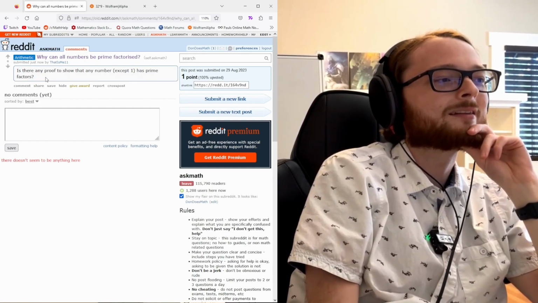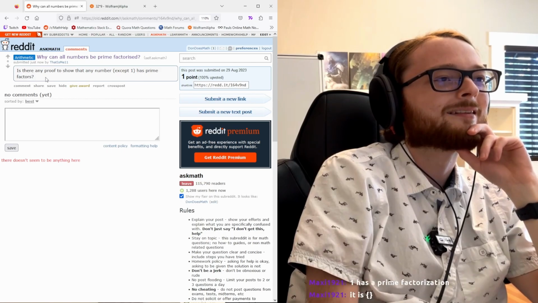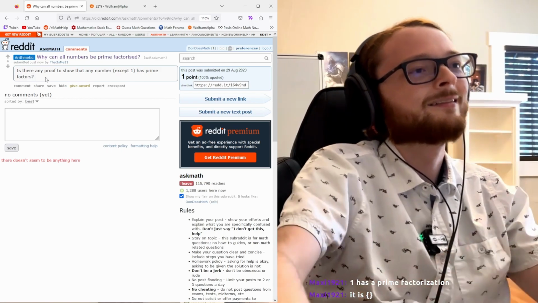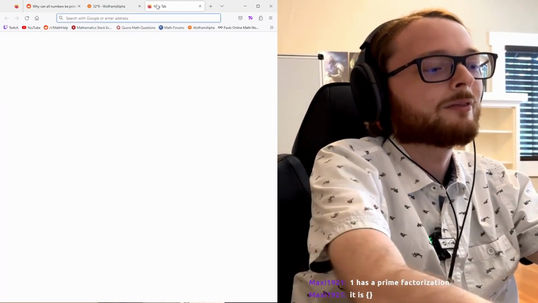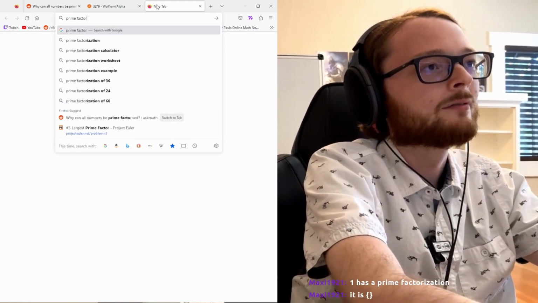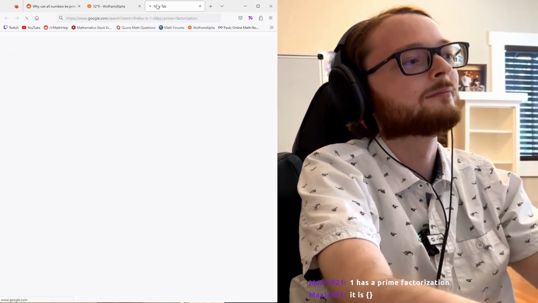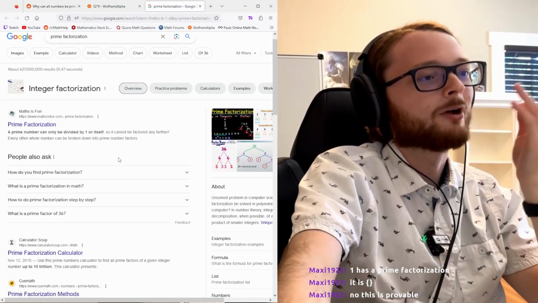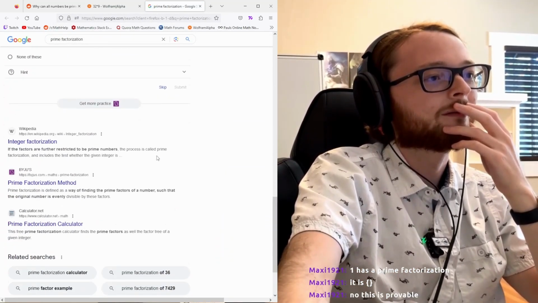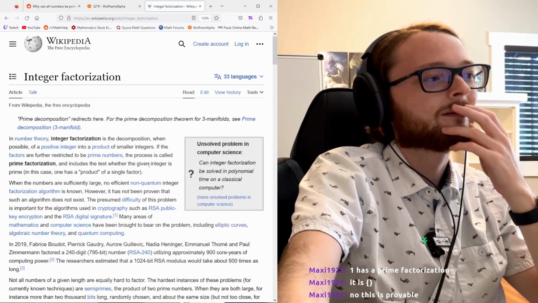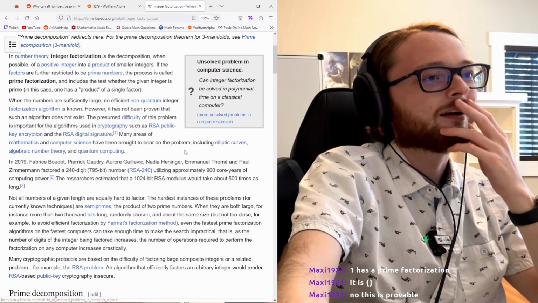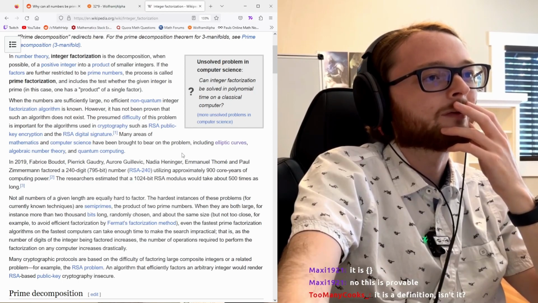It's an empty set? Huh. This would be a good thing for Wikipedia. It's provable? Oh, I assumed it was just the way that we defined prime numbers and factorization and factors.